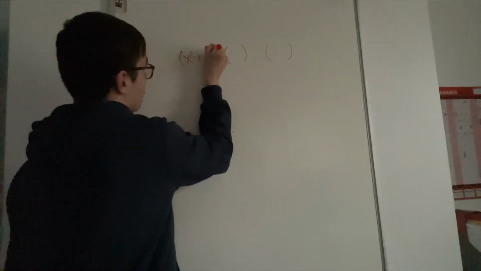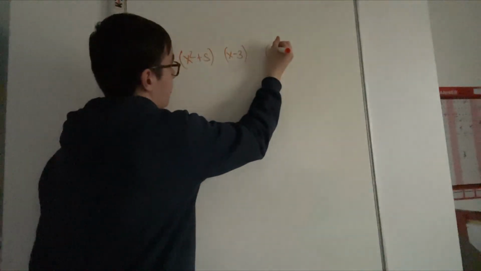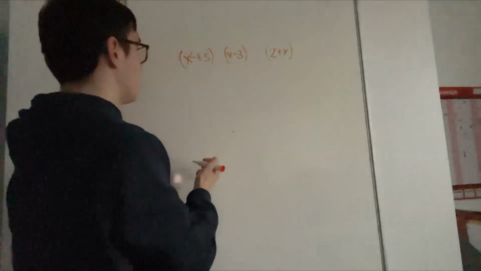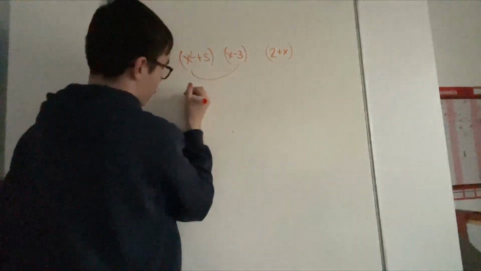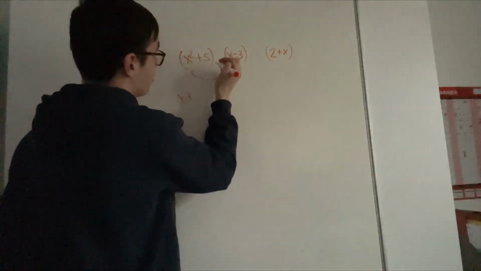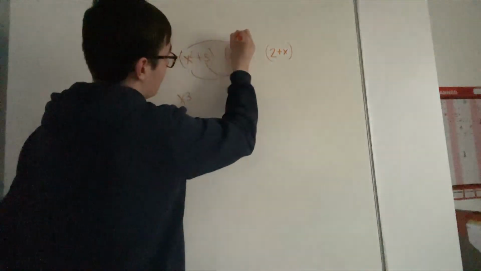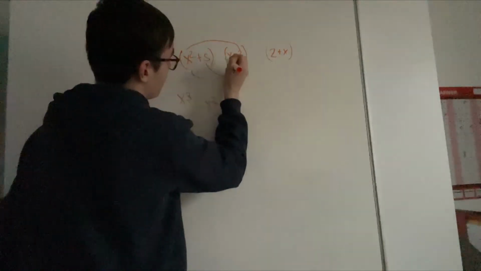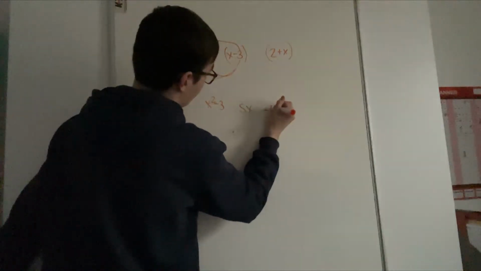x squared plus 5, x minus 3, 2 plus x. Okay. We do the cup rule, or I don't know what you call this, but we have x cubed, 5 times minus, oh, I've done this the wrong way around, sorry. x squared minus 3, 5x and minus 15.